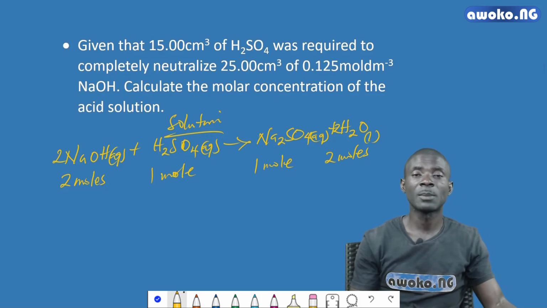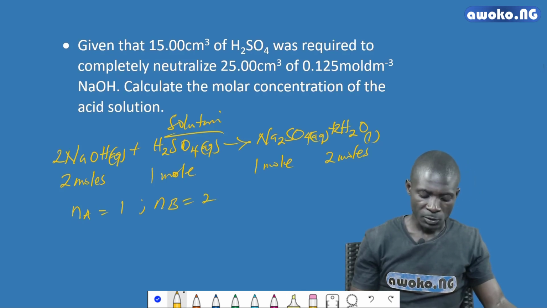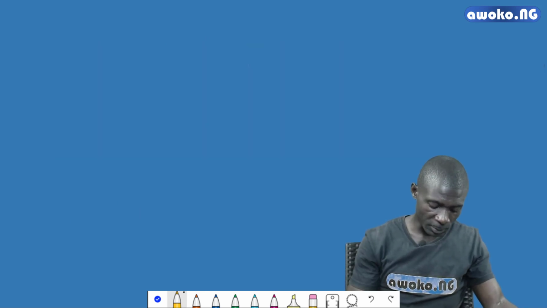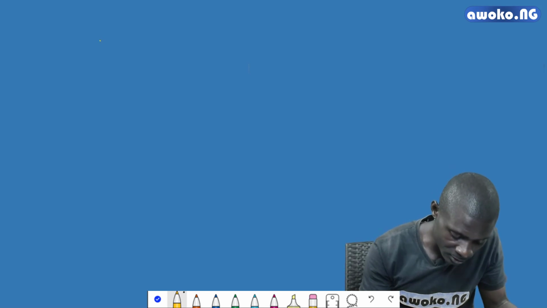So we've now gotten the balanced equation and the number of moles of acid and base: Na is 1 while Nb is 2. We can now go further to use our volumetric analysis equation.